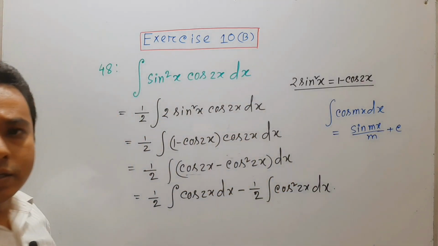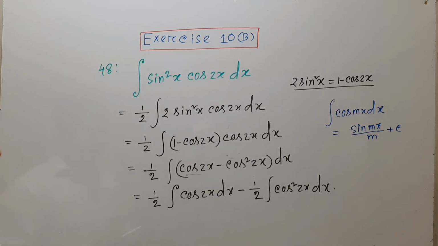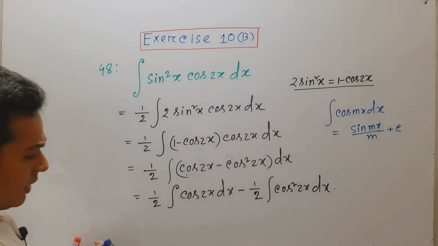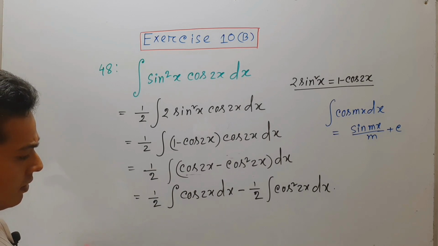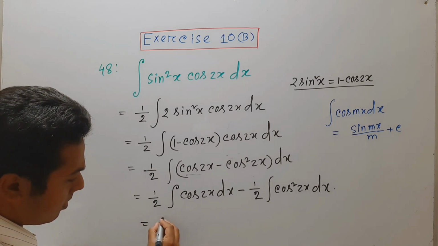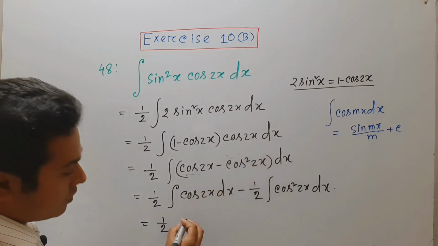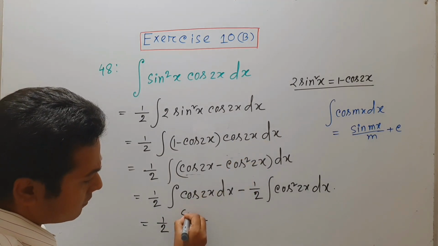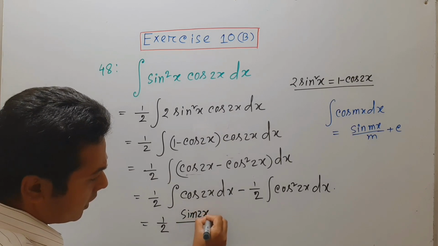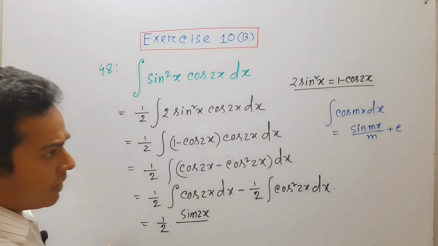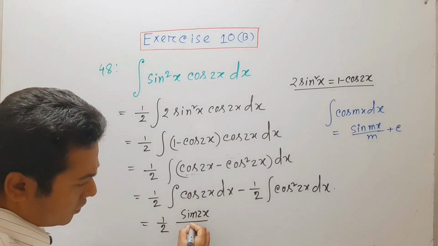C is our integral constant. Okay, so according to this formula we can write half into cos 2x is equal to sin 2x, here m is equal to 2, divided by 2.